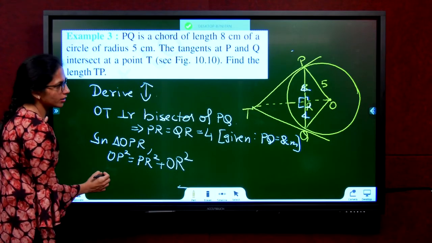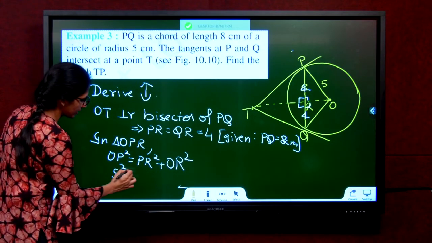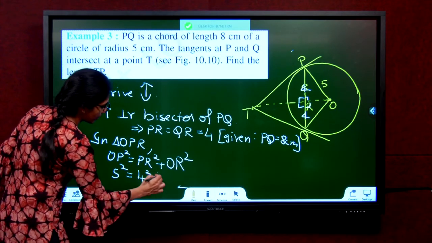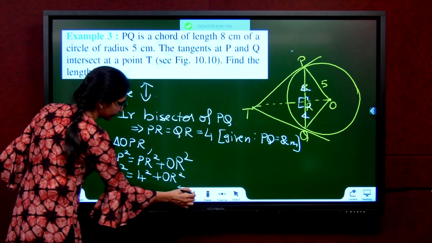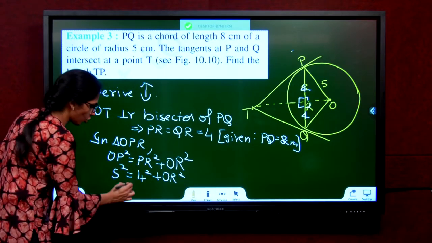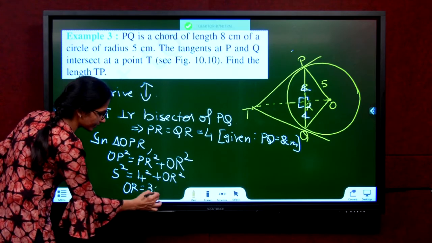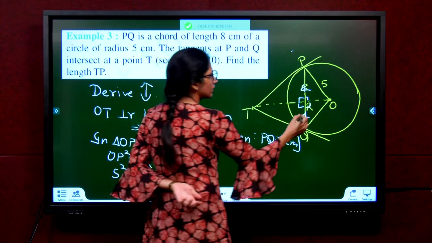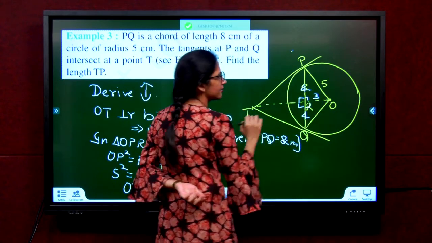OP is 5, so 5 square is equal to PR square, which is 4 square, plus OR square. Solve for this. What will you get? You will get OR is equal to 3 centimeters. Plus or minus 3, minus ignored because length cannot be negative. So now this is 3 centimeters.